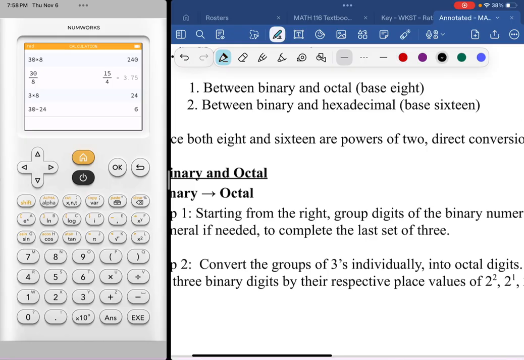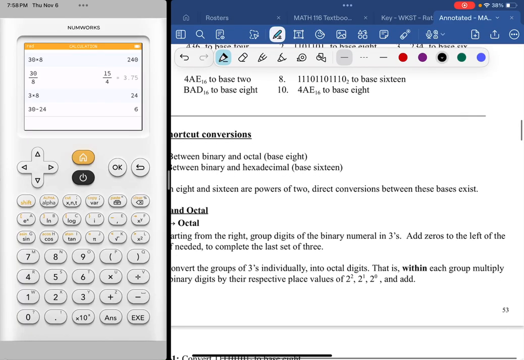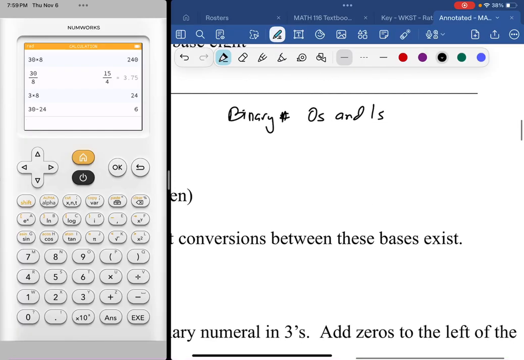When you have a binary number, right? Binary numbers are, I'll just write it over here, made up of zeros and ones, right?